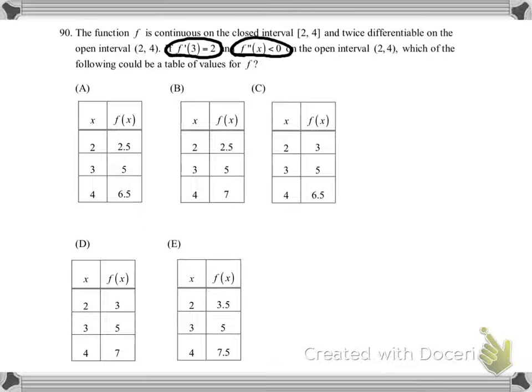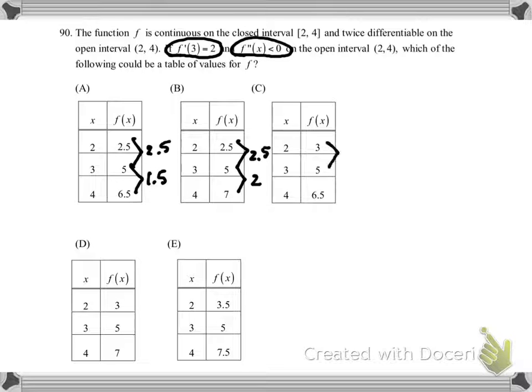Okay, so for each table here, I get the slopes. The slope from 2 to 3 here is 2.5, and the slope from 3 to 4 is 1.5, right? While here, the slope is 2.5, and here the slope is 2.